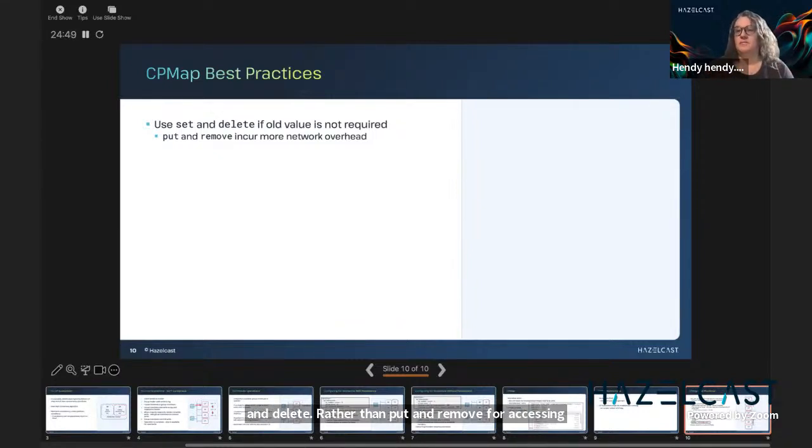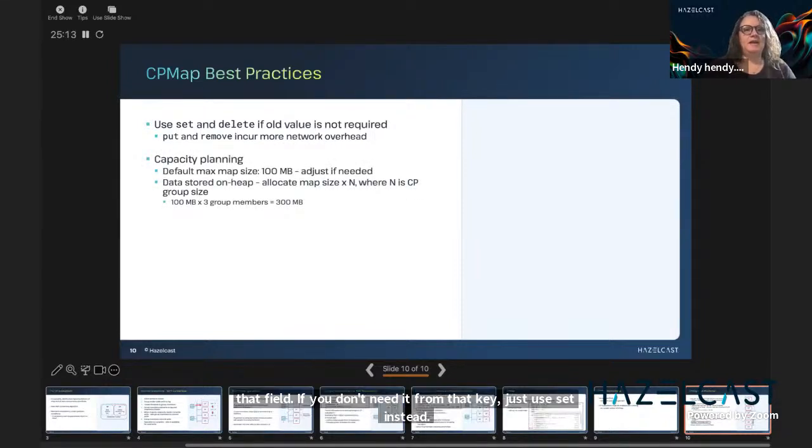And by the way, this is also true for AP. This is not a CP subsystem thing. Why incur an extra round trip of returning data that you're never going to use? A put returns the old value from that field. If you don't need it from that key, just use set instead.